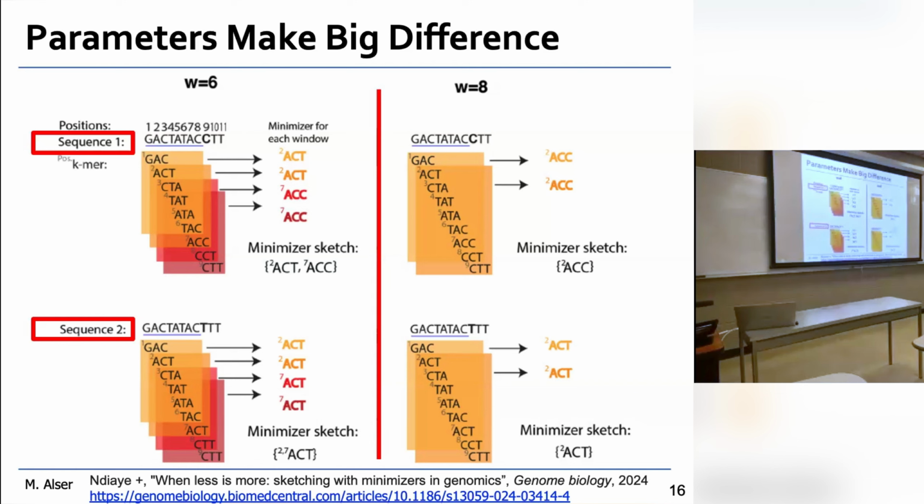But the third and fourth are totally different. That is to say, half of the minimizer seeds are now mismatching each other, although we made only one change. Okay? So we have to pay attention to that.